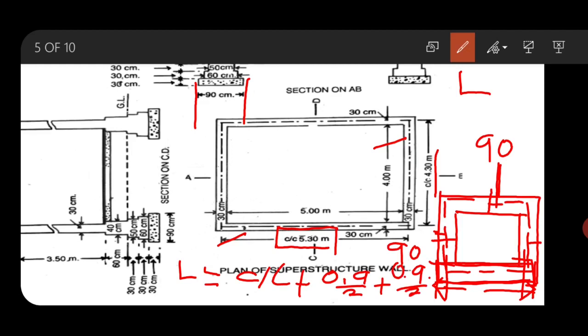Then next come to the breadth. So what will be the breadth? So see, from this you can see the breadth of the cement concrete work is 90 centimeter. This dimension can also be taken from the sectional elevation. So you can easily mark here, this width is 90 centimeter. So breadth is equal to 90 centimeter.